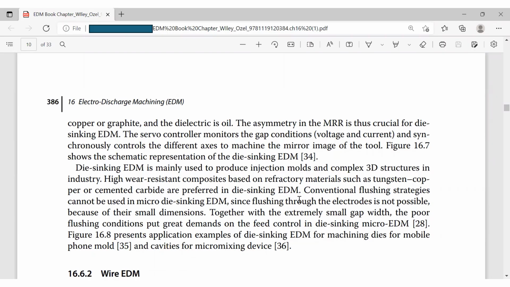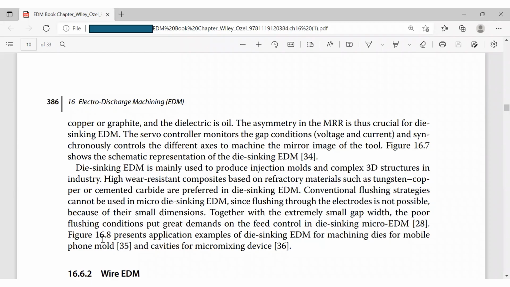Conventional flushing strategies cannot be used in micro die-sinking EDM, since flushing through the electrodes is not possible because of their small dimensions. Together with the extremely small gap widths, the poor flushing conditions put greater demands on the speed control in die-sinking micro EDM.